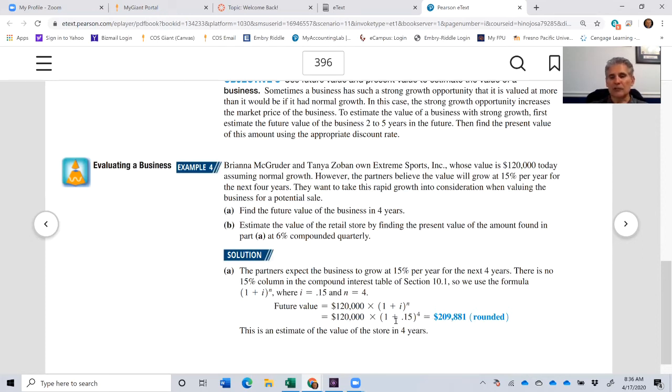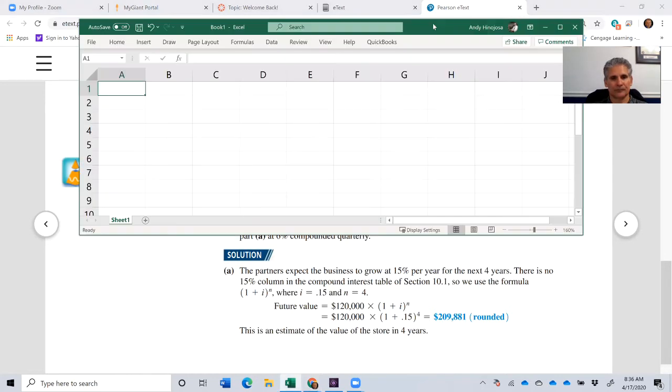If you compute that using your calculator, I guess we can pull up the spreadsheet here and run the numbers. So 120,000, I'm going to multiply that, open parentheses, 1 plus 0.15 to the power of 4.